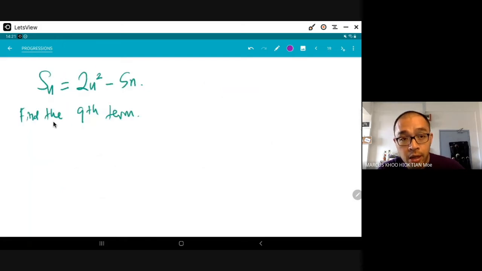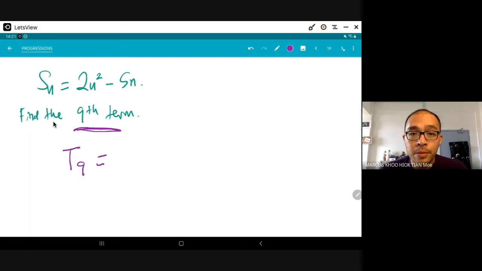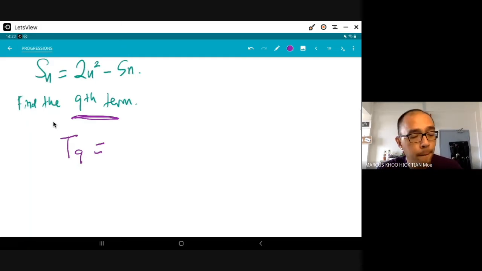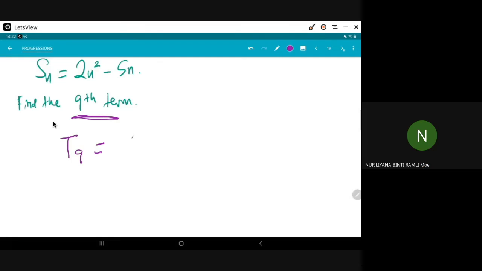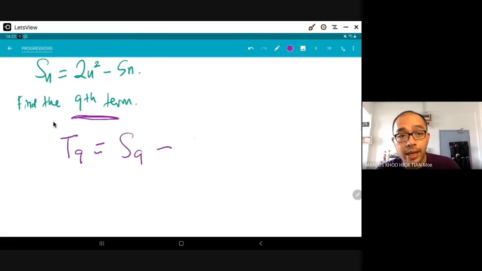And I already said just now, if they have given you an Sn formula, you use the Sn formula in the question. So how do I find the 9th term? 9th term is T9. Tell me in terms of S. S apa tolak S apa? S9 minus S8.